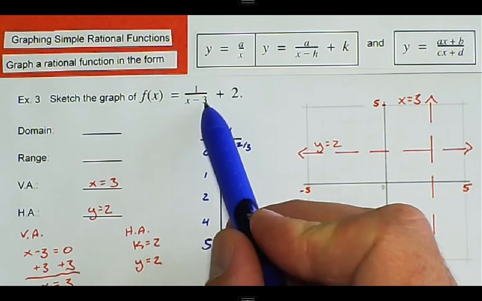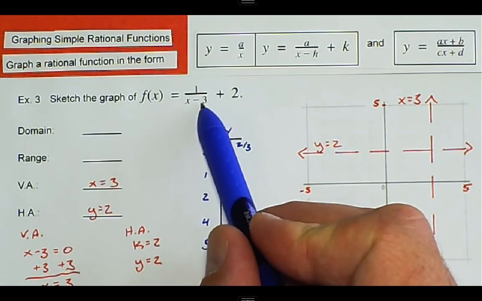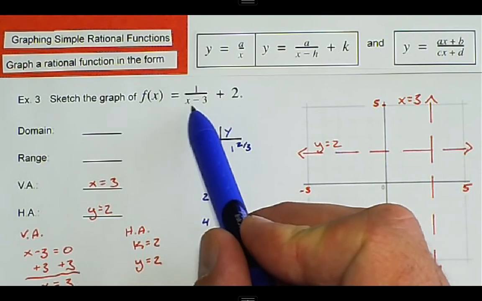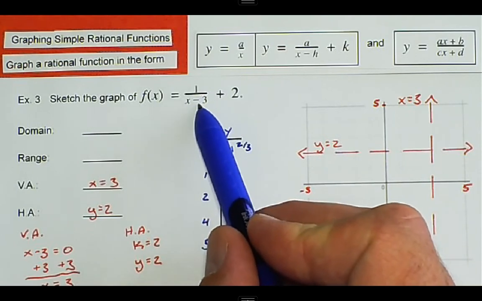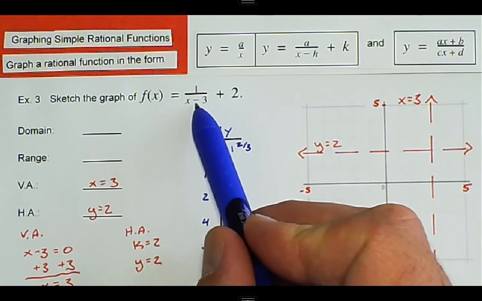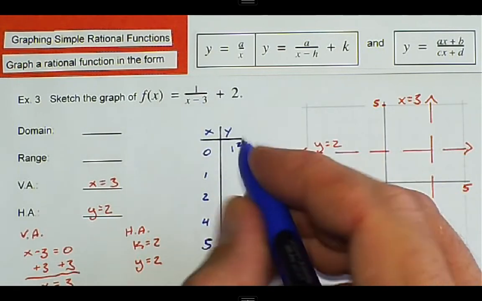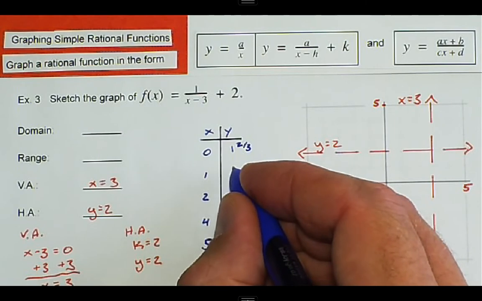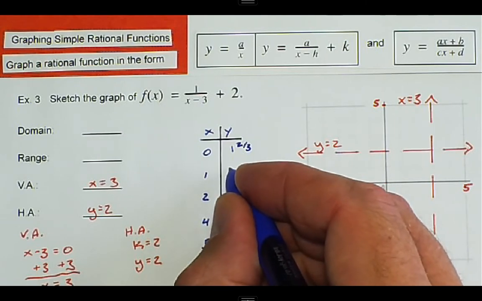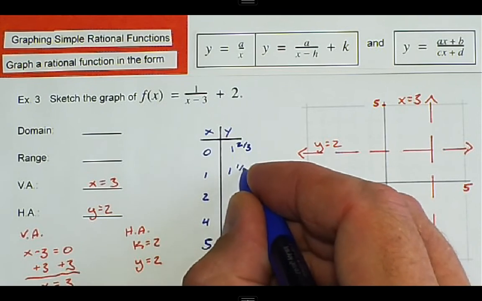We substitute in 1 here. 1 minus 3 is negative 2. 1 divided by negative 2 is negative 1/2. Plus 2, that becomes 1.5, 1 and 1/2.